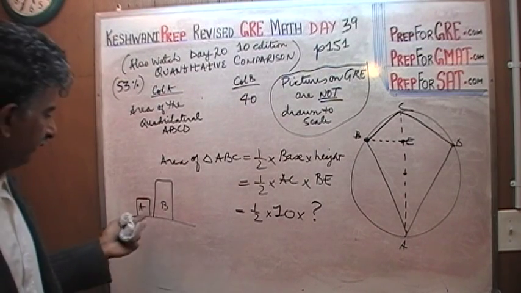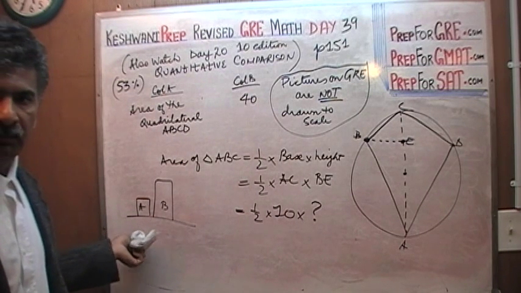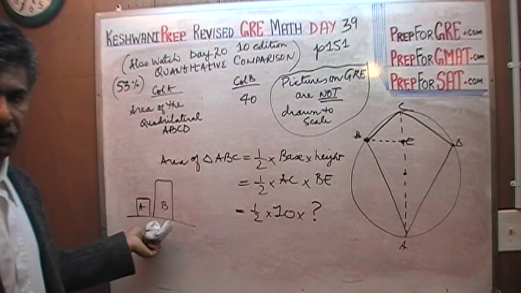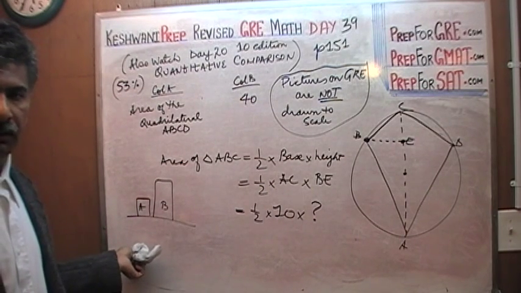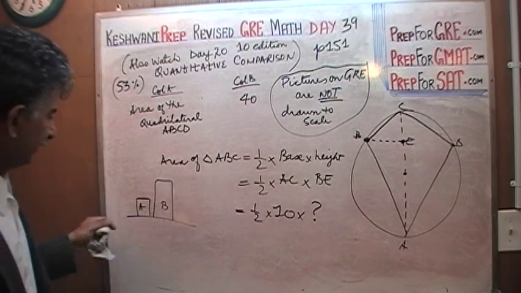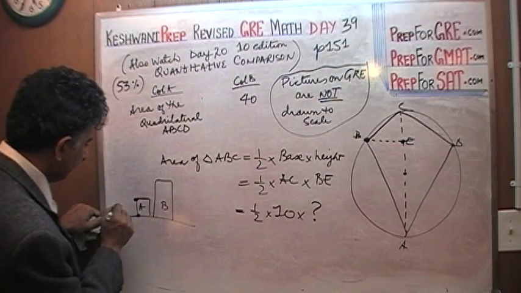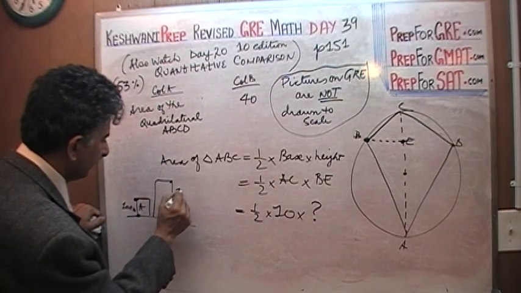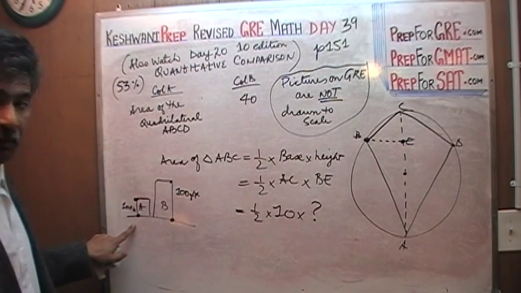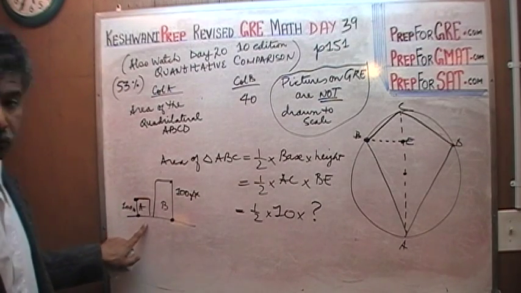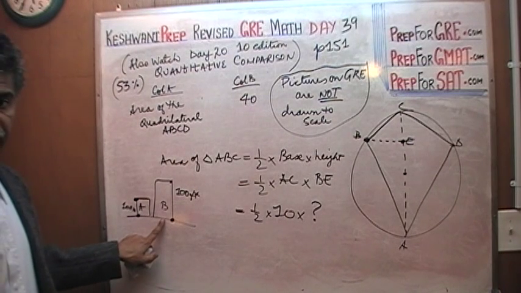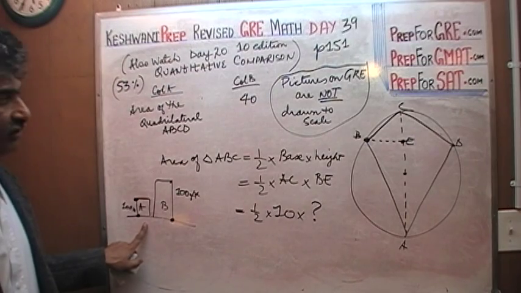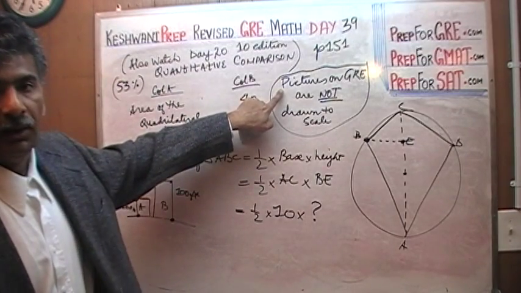No, you cannot see it because I have not told you anything about A and B. There has to be some mathematical information which helps you ascertain the exact height of A and B before you can claim that B is taller than A. Maybe from here to here is 100 meters, and maybe from here to here is 100 feet. In which case A would be taller, because it's drawn on a different scale, it looks shorter. How do you know that the scales were the same? They are not drawn to scale. Pictures on the GRE are not drawn to scale.